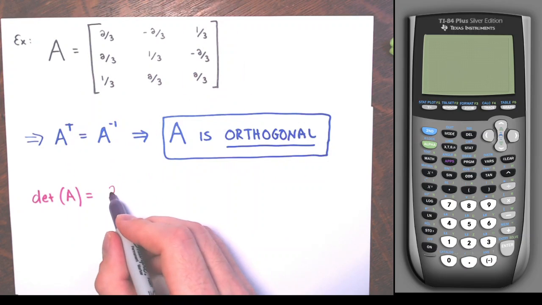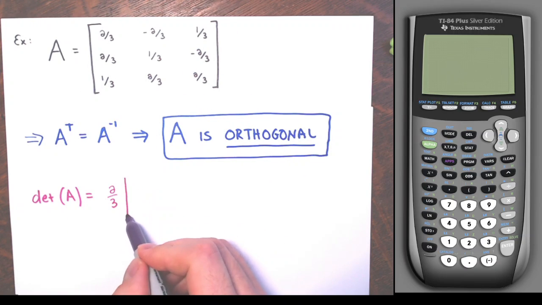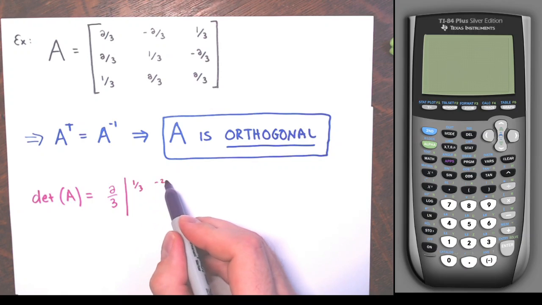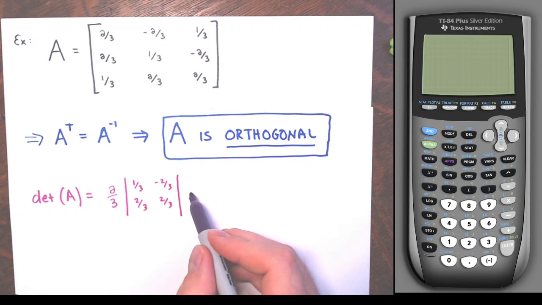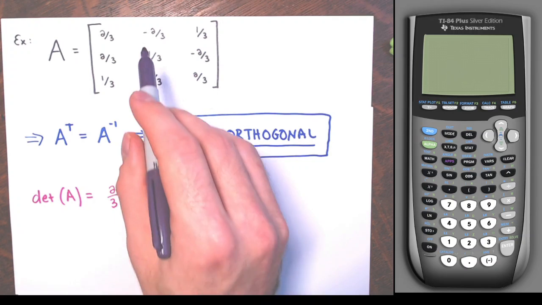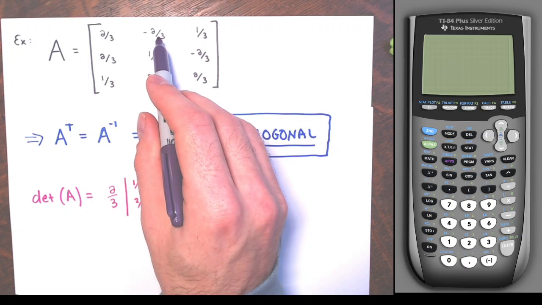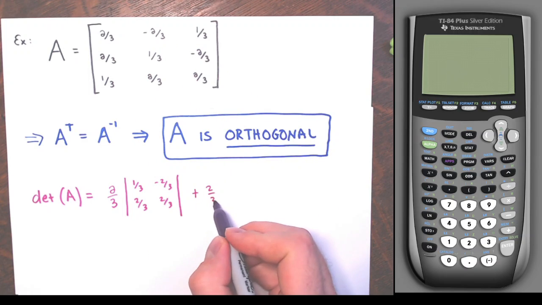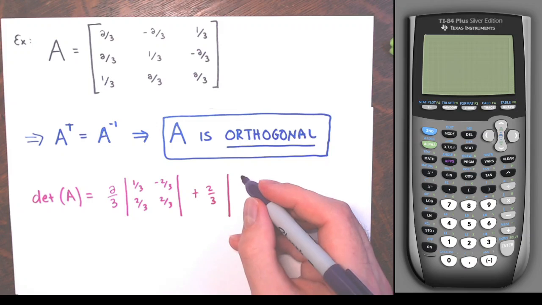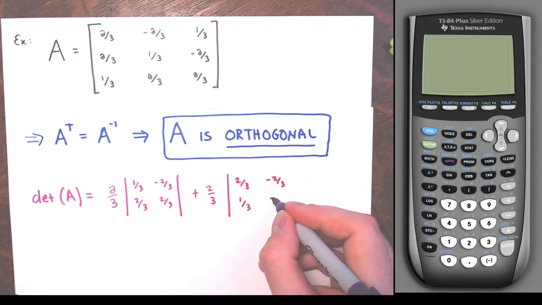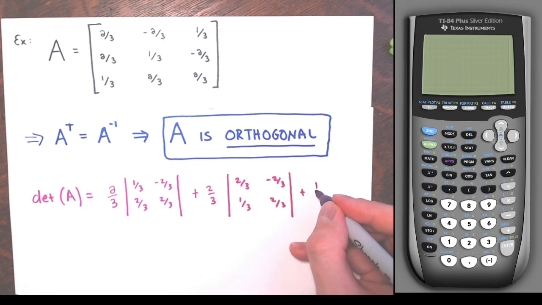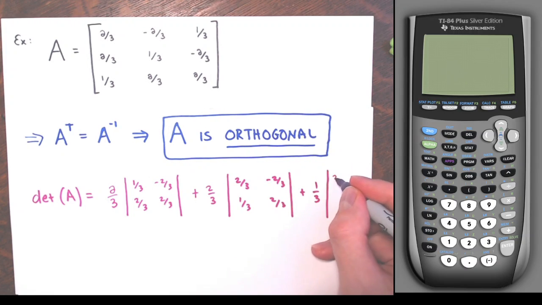So we'd have 2/3 times the determinant of 1/3, -2/3, 2/3, 2/3. Then plus -2/3 times its cofactor, but its cofactor would be the opposite of the minor, so it's going to be plus 2/3 times the minor, 2/3, 1/3, -2/3, 2/3, and finally plus 1/3 times the minor, 2/3, 1/3, 1/3, and 2/3.